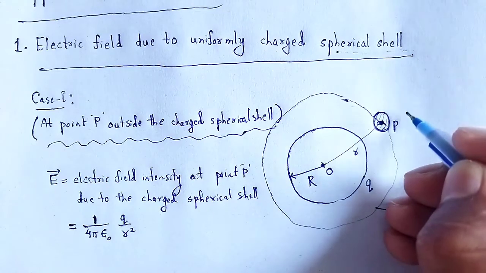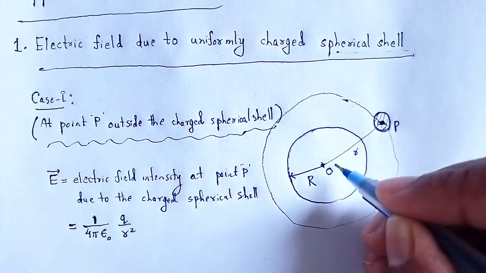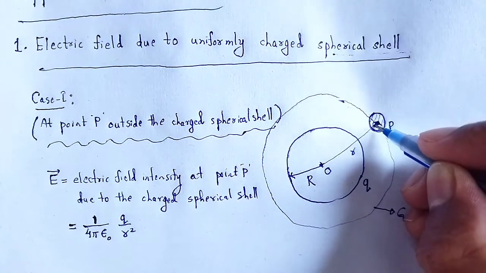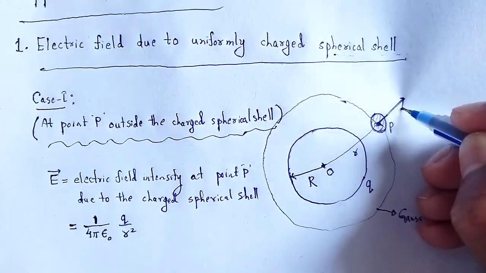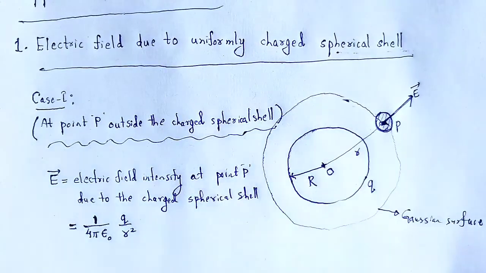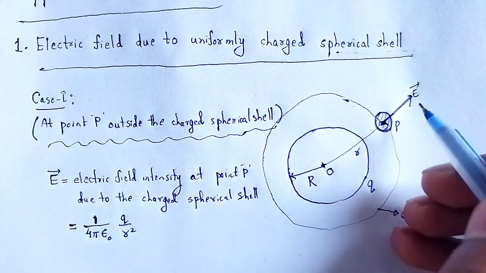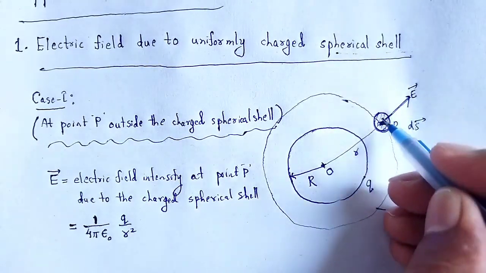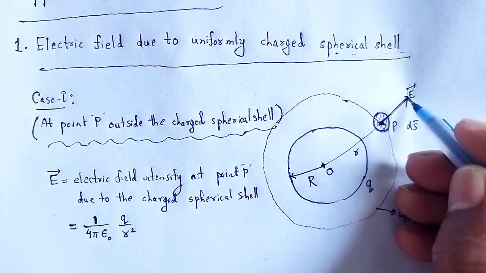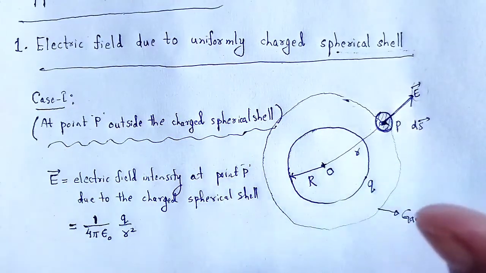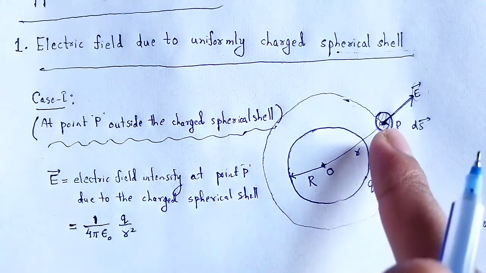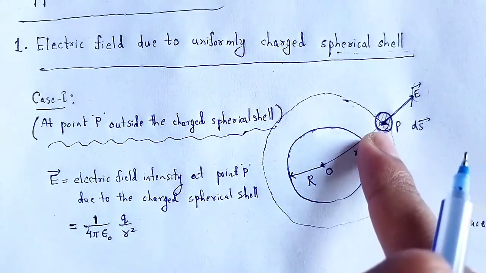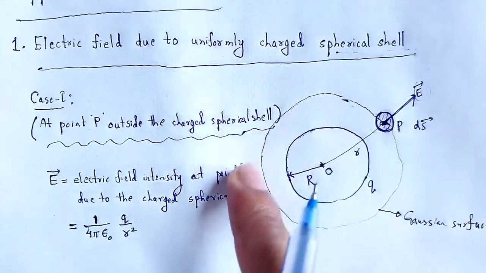Since the electric field is radially outward, that is the direction of the electric field intensity E, and also the direction of ds vector, which means E vector and ds vector are parallel with each other. We consider the small area element ds vector of the Gaussian surface around point P.